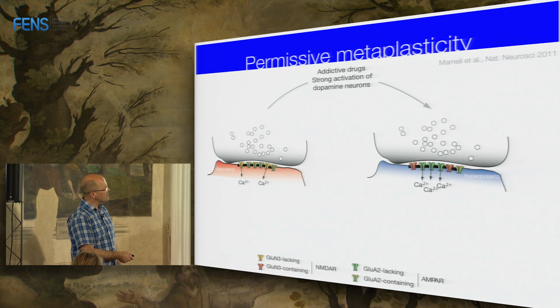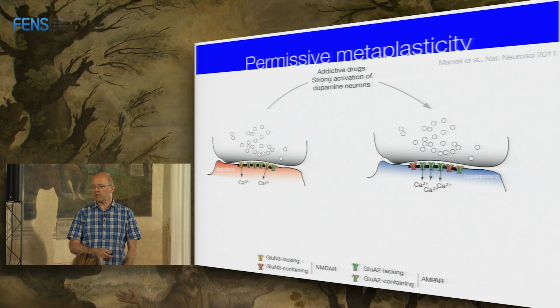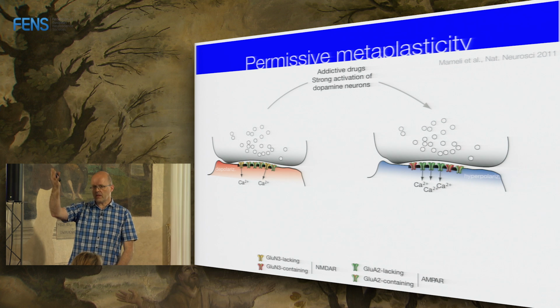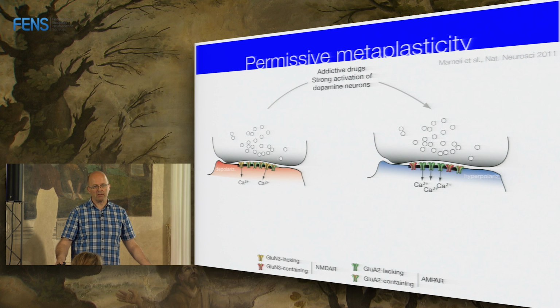Okay? So here, to get the calcium in, it's good to depolarize the cell. Here, to get the calcium in, what do you have to do? You actually have to hyperpolarize. The more you hyperpolarize, because of the inward rectification of the AMPA receptors, the more calcium you bring in.